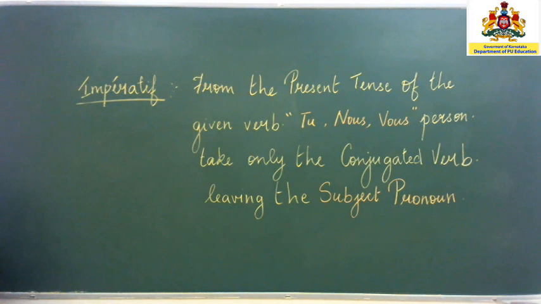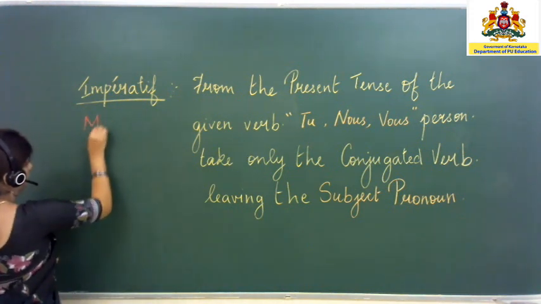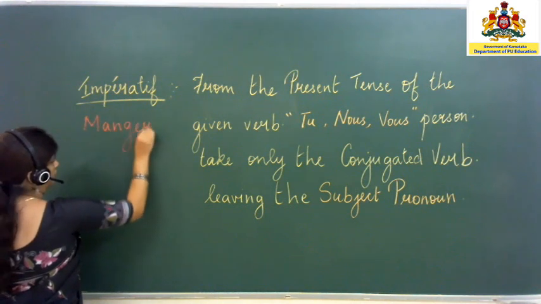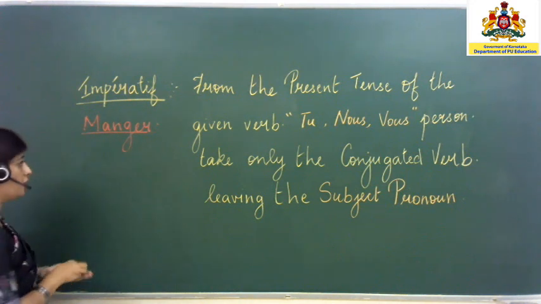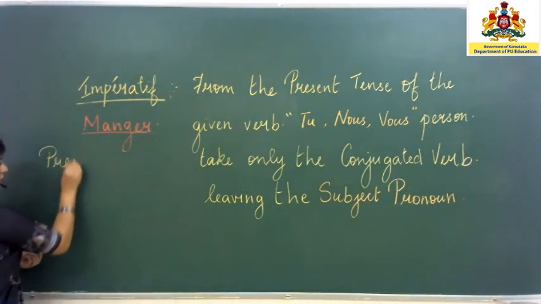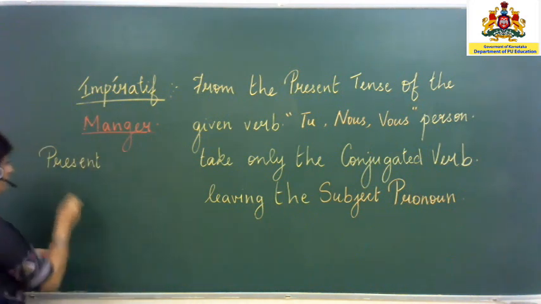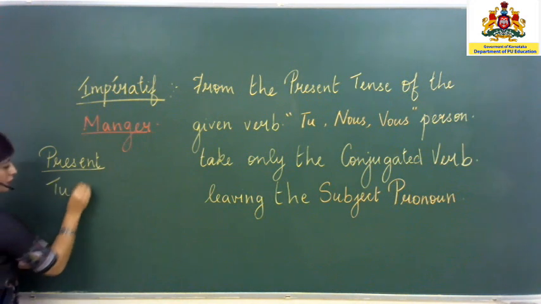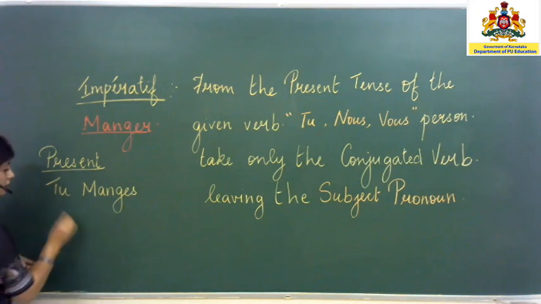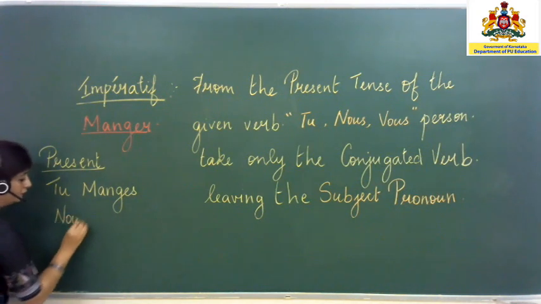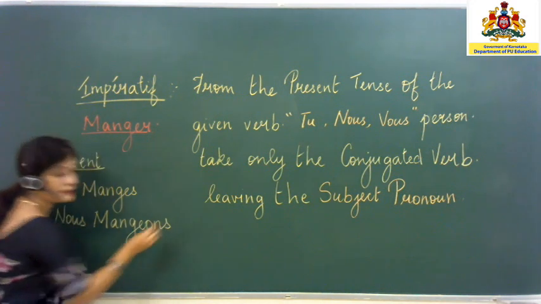Let's see. Example. Manger. Manger is my verb. What is the present tense of manger? Present tense of manger is in the tu form, manges. In the nous form, mangeons.